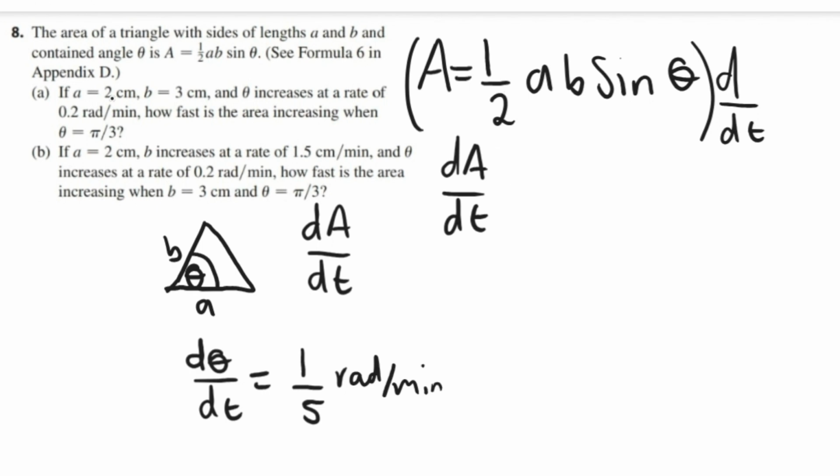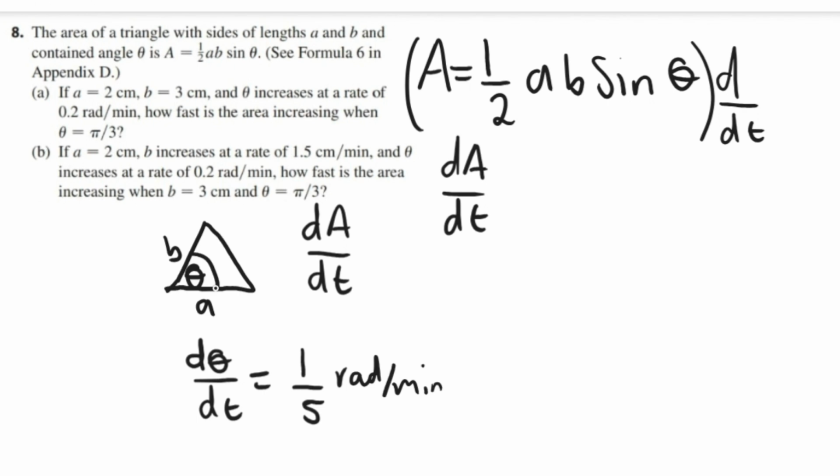For A and B, they just said for this triangle, they are going to be constants. A is this much, B is this much, and theta is increasing at the rate of 0.2 radians per minute. How fast is the area increasing?